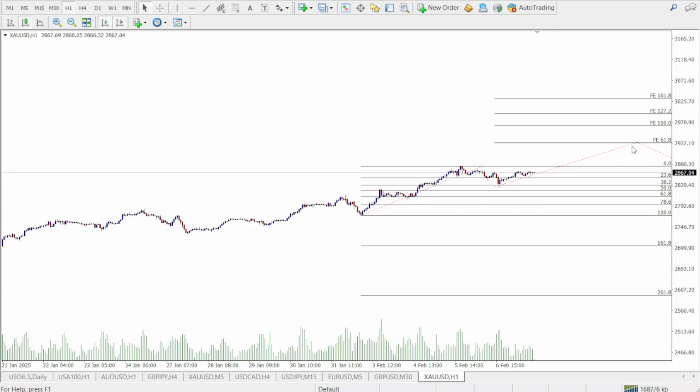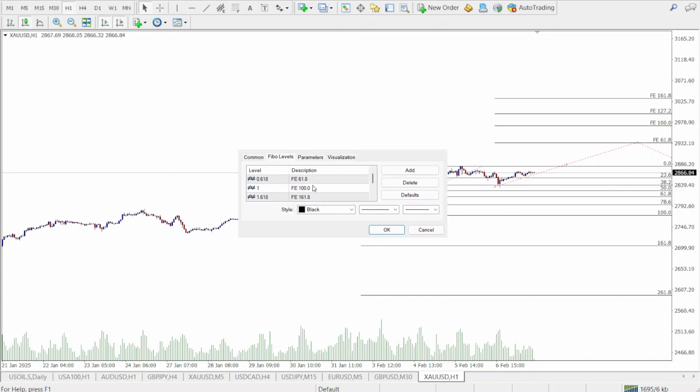261.8%. I'm just going to add that. You can actually add an extension level that is not in the default.